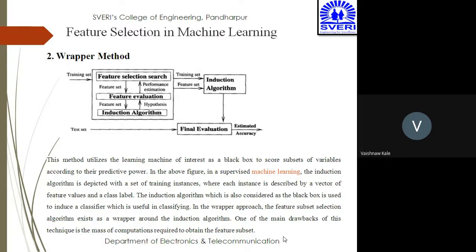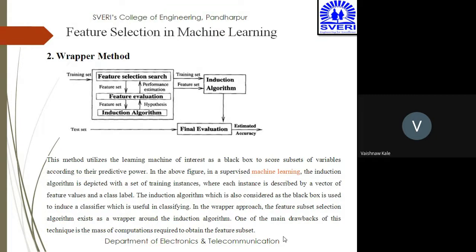Because what is happening here is that you're giving the training set to the feature selection approach, then it goes to the feature evaluation, and afterwards it makes a hypothesis, and then you make a performance estimation. But it becomes difficult to find out whether the feature subset is selected properly or not, because after selection of the features, you're going to come back again to your feature selection search.